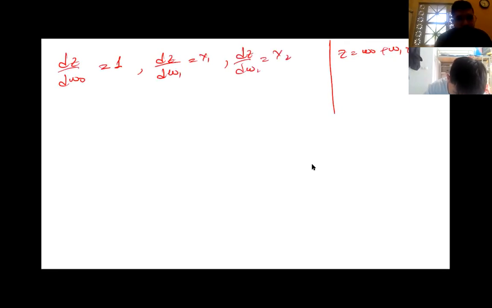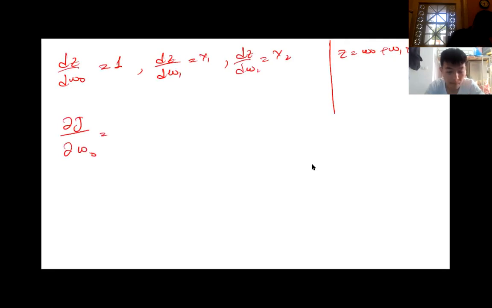So now we have everything we need. We can find partial derivative of J with respect to w0, which would be equal to derivative of J with respect to y hat times derivative of y hat with respect to z times the partial derivative of z with respect to w0.